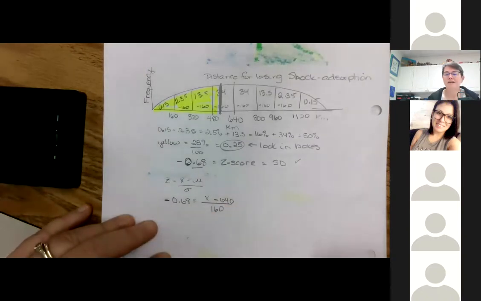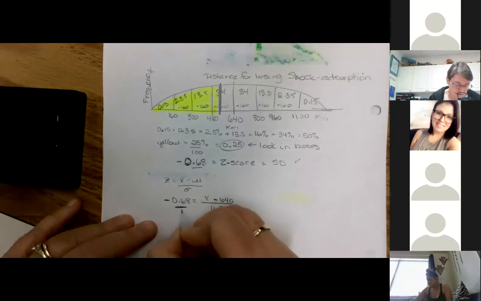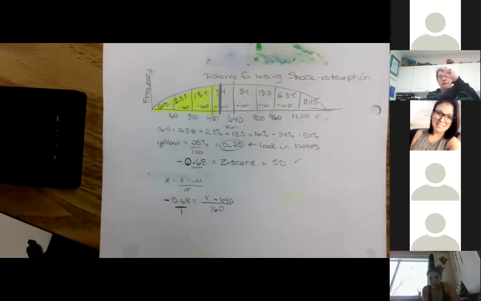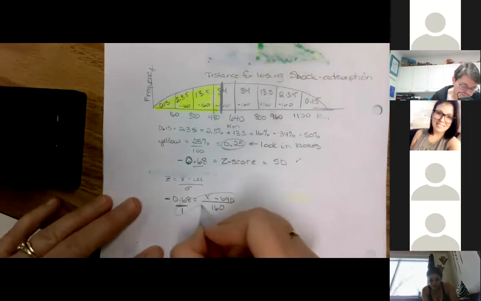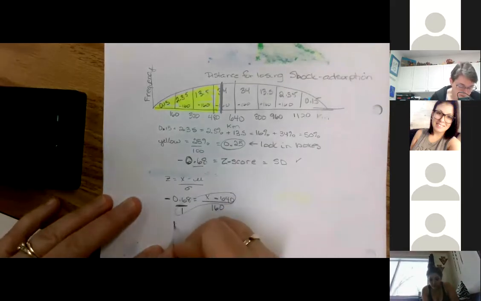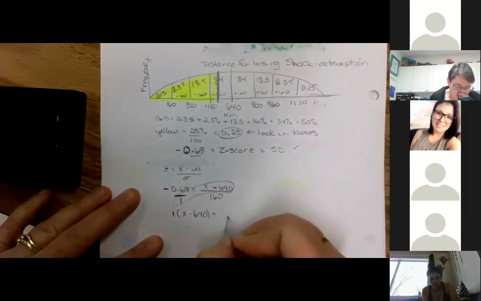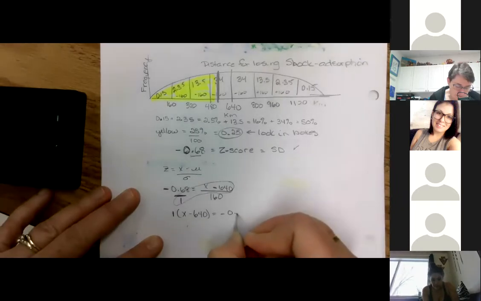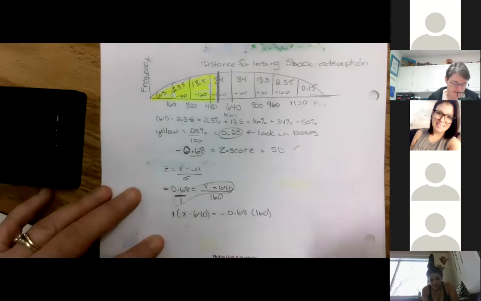And I realize I erased the negative thinking I screwed up, but no, it's supposed to be there. So now we're going to solve our equation. I'm going to put it over 1 because I like to cross multiply. So 1 times x minus 640 is equal to negative 0.68 times 160.